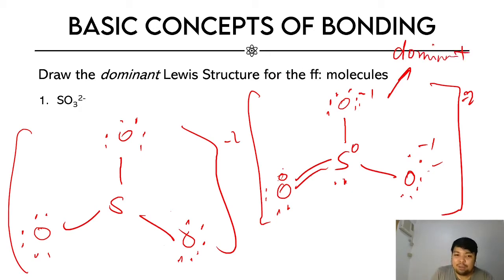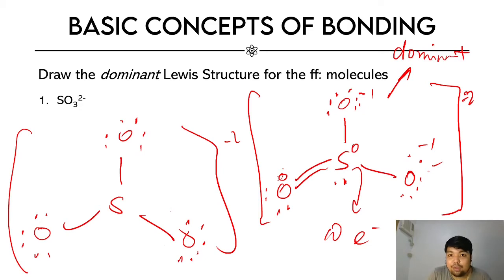However, there is a problem. This sulfur atom will now have 2, 4, 6, 8, 10 valence electrons, which now violates the octet rule. But believe me or not, this is actually the most dominant or the most acceptable, valid Lewis structure for the sulfite ion. We will show later on that there are some exemptions to the octet rule.